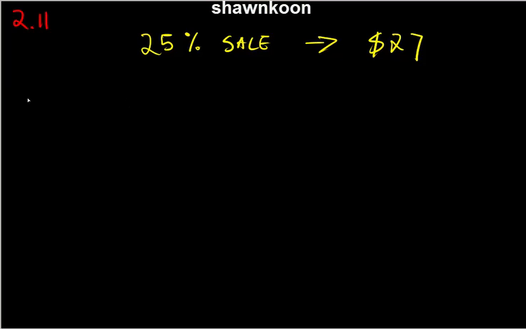So let's say x is our original cost, because we don't know what the original cost is. And x minus, because we have to subtract 25%, right?